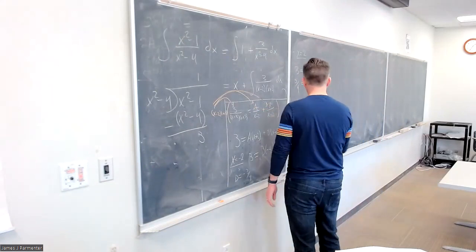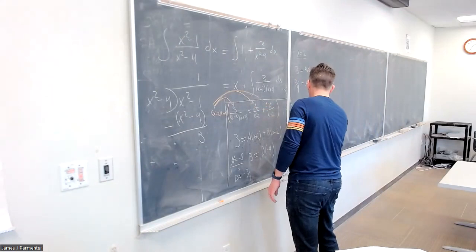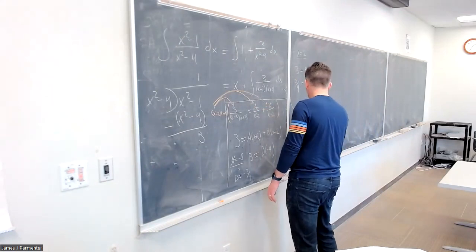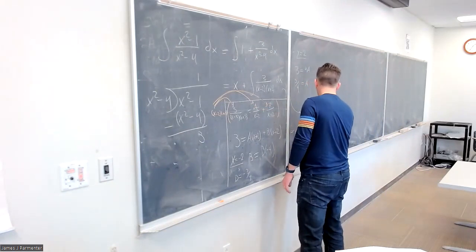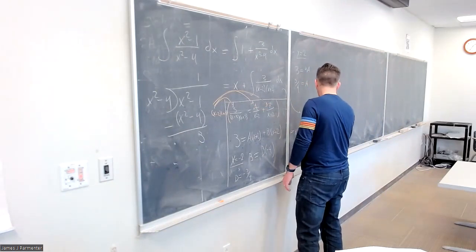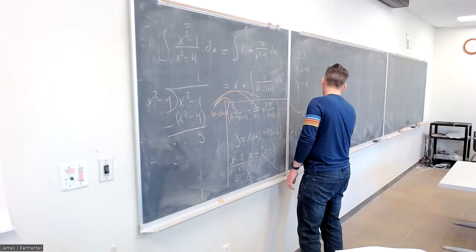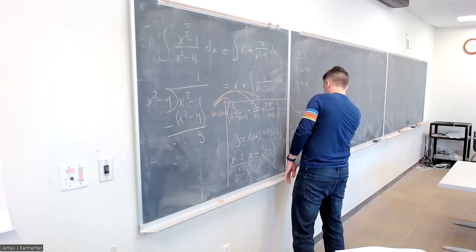And then we can integrate that pretty straightforwardly. You get x plus 3/4 natural log of the absolute value of x minus 2 minus 3/4 times the natural log of the absolute value of x plus 2, plus C.